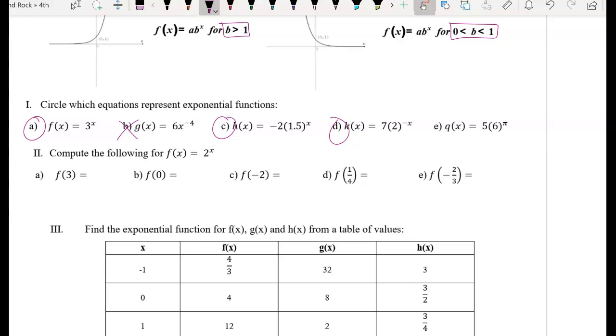And lastly, Olivia, part E, is that exponential? So think about it. What does pi represent? Olivia? Yes, it is the number 3.14. So pi is not a variable.